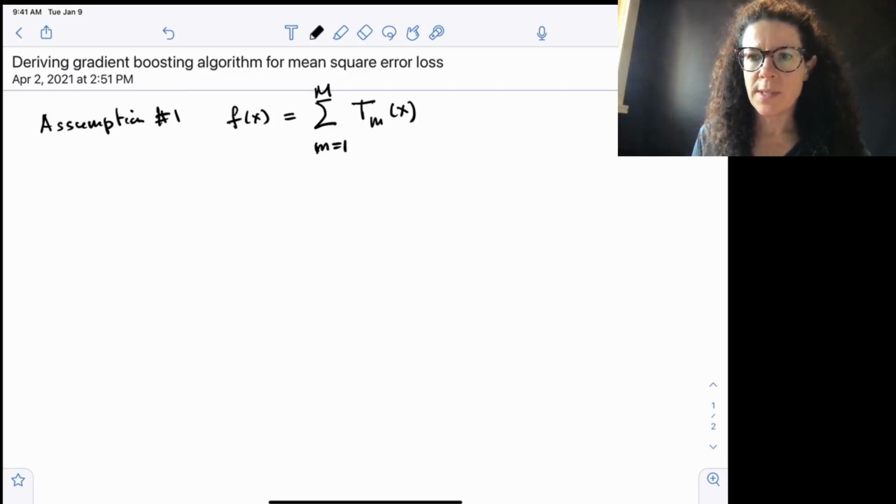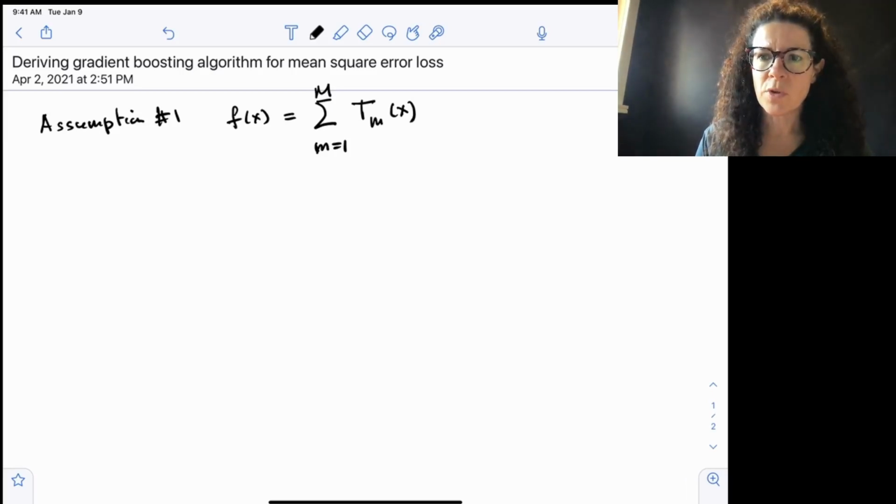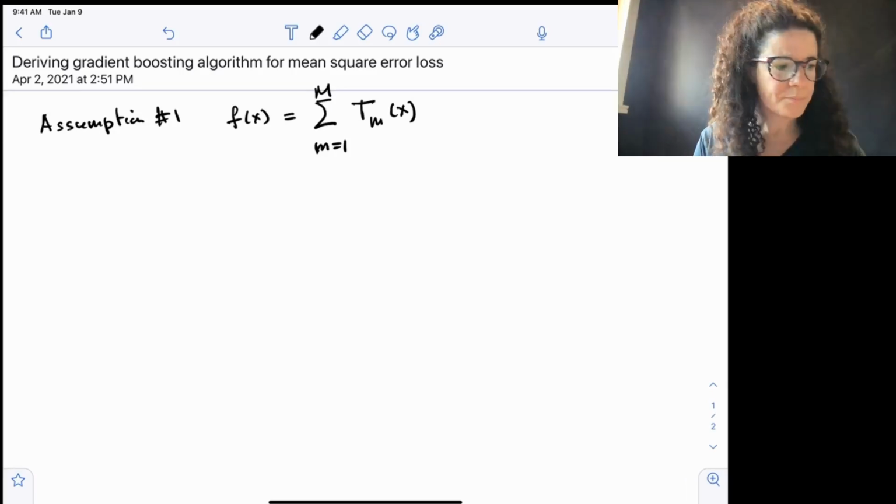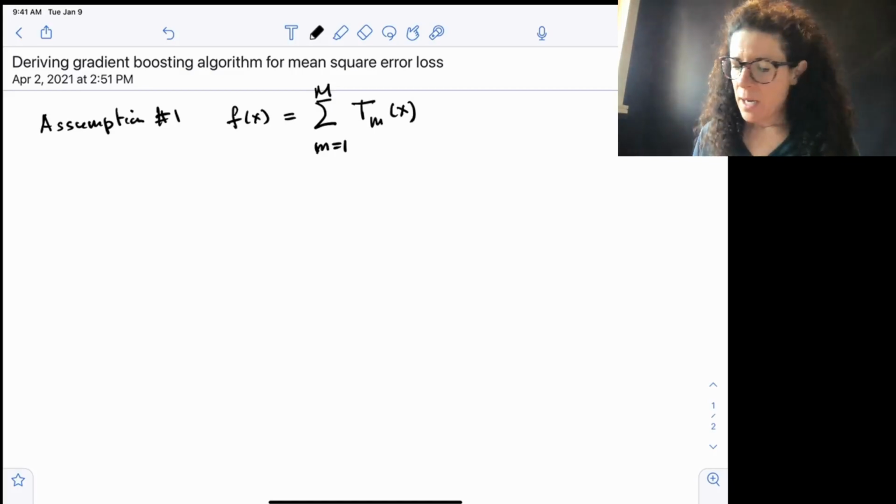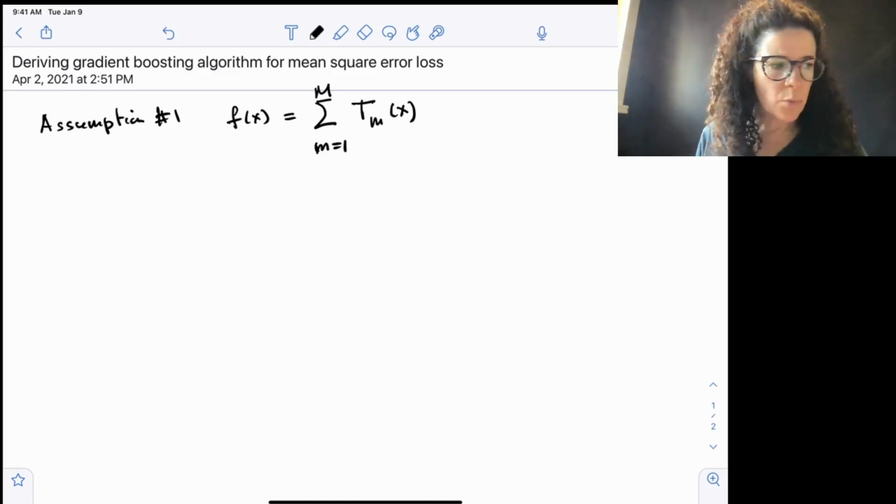And these models, T_m, are often trees. It's just that boosting trees works very well. So a lot of the times when people are talking about gradient boosting, they are going to talk about boosting trees. But you can boost other models as well. So that's one assumption.